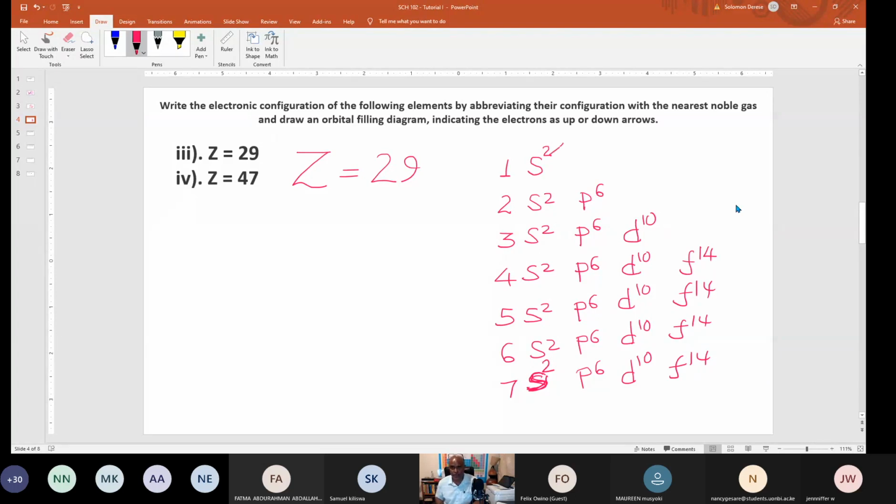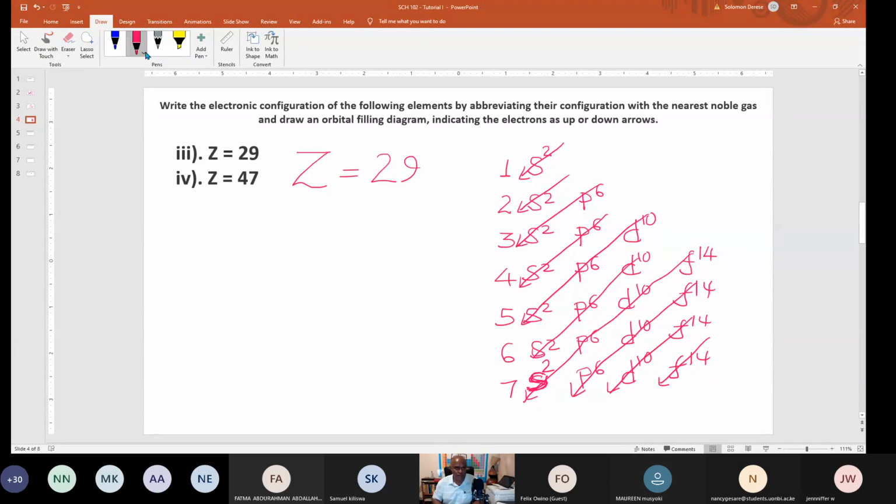So first you fill the S, 1s2, then 2s2, then 2p6, then 3s2, and then like that. You just follow this arrow, nothing else. You don't create your own funny things, okay? You just follow these arrows. The last shell to be filled will be the 7f14.